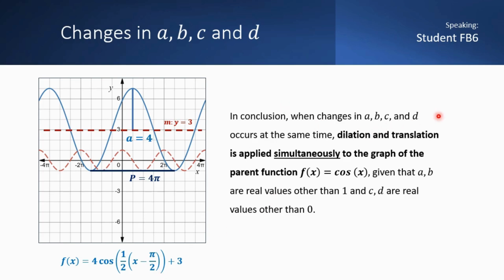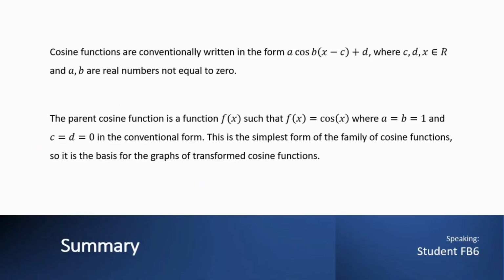In conclusion, when changes in a, b, c, and d occur at the same time, dilation and translation are applied simultaneously to the graph of the parent function f of x is equal to cosine of x, given that a and b are real values other than 1 and c and d are real values other than 0.